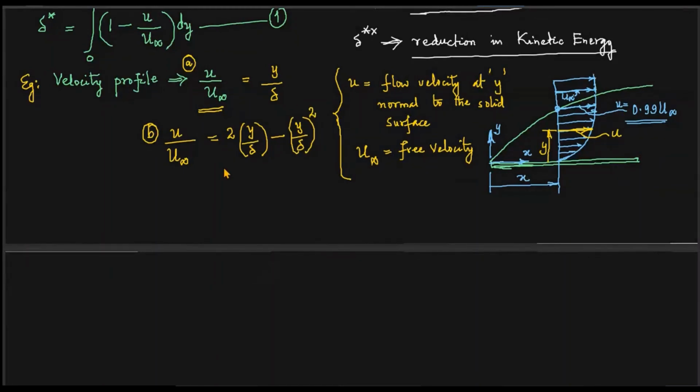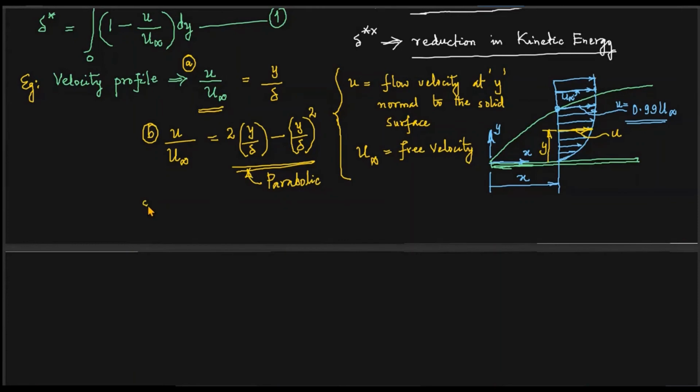Y is the variable on the right hand side, and u is the velocity at a distance y normal to the plate. This is essentially a parabolic profile, a second degree expression. Usually this may be given in examinations, where you will be asked to determine the displacement thickness, momentum thickness and energy thickness for such profiles.